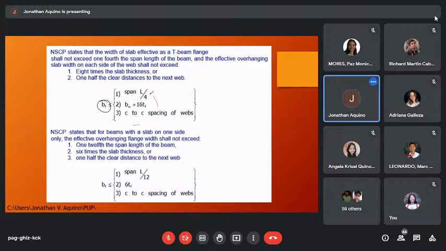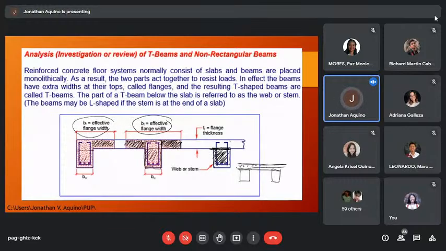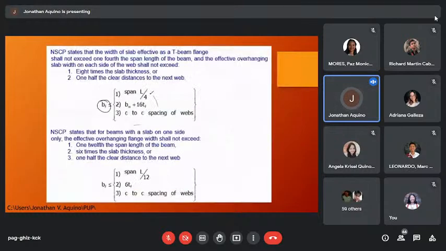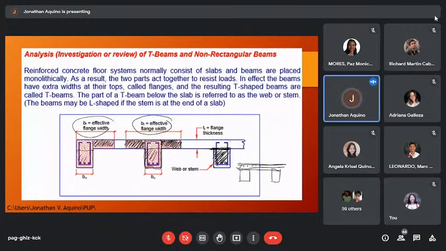So for edge beam, the effective flange width is 1/12 of the span, or L/12. Okay. 6 times thickness nung slab. Okay. 6 times the slab thickness.